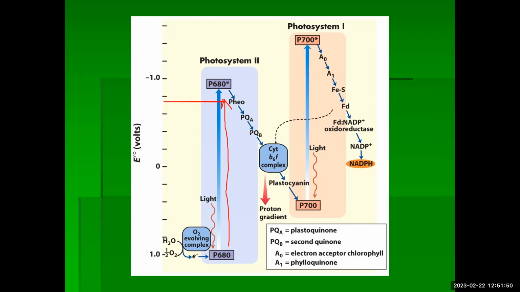Plastoquinones are very similar to ubiquinones structurally in mammals, but they are slightly different structurally, so they're called plastoquinone. Then they go to a B-type cytochrome complex that gives its electrons to a plastocyanin. Plastocyanin is a copper-containing protein that looks a lot like cytochrome C. Plastocyanin ferries those electrons to the photosystem 1, oxidized photosystem pigment.